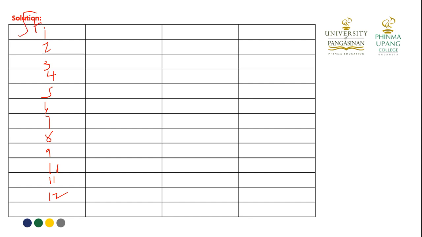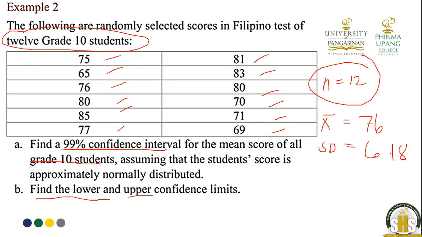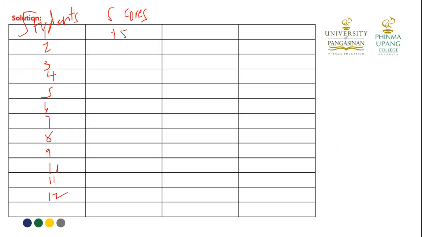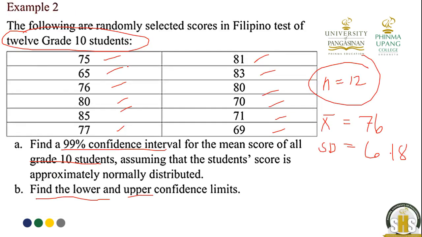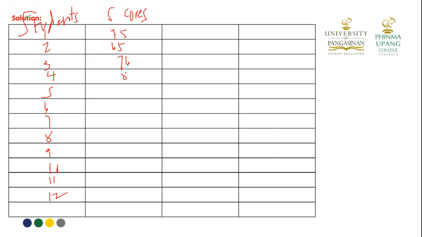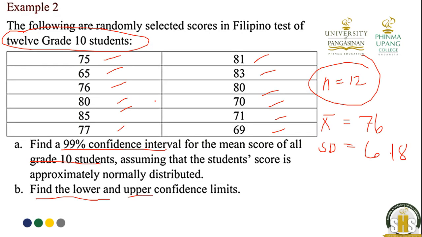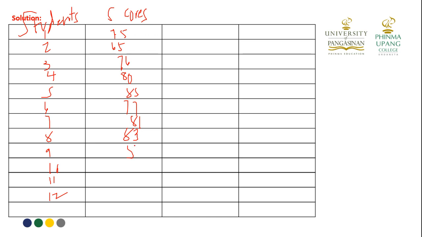Ito yung number of students, at ito naman yung scores nila: 75, 65, 76, 80, 85, 77, 81, 81, 83, 80, 70, 71, then 69.